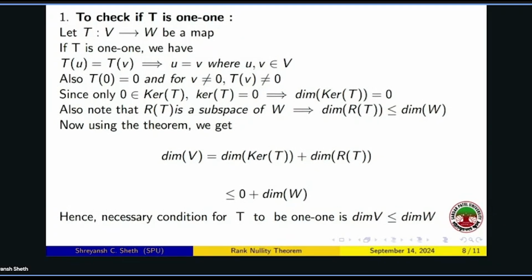We get dimension of V is equal to dimension of kernel T plus dimension of range space, which will be always less than or equal to 0 plus dimension of W using the above argument. So from here we see that the necessary condition for T to be 1-1 is that the dimension of domain space should be less than or equal to dimension of the codomain space.